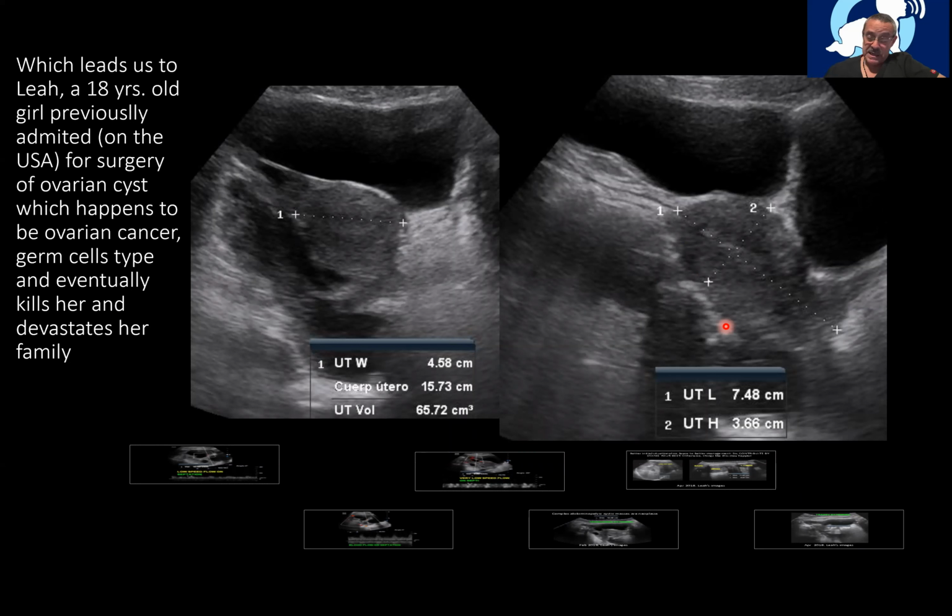And I had shown this several times. This was an 18 years old girl which underwent surgery because of an ovarian cyst in the USA. That happens to be ovarian cancer, germ cells type.